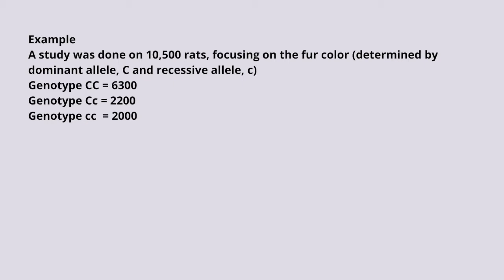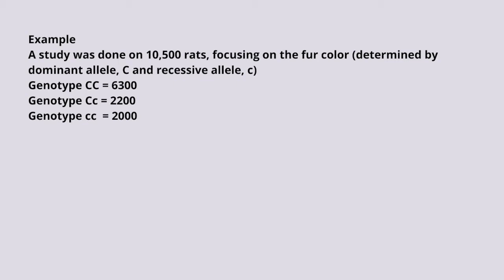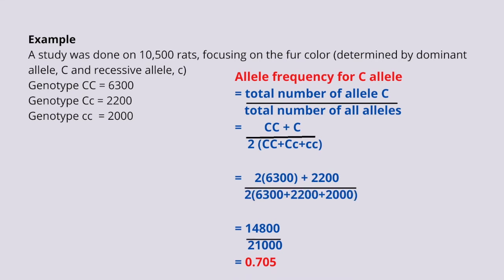The number of individuals with the heterozygous genotype Cc is 2,200. And the number of individuals with the homozygous recessive genotype cc is 2,000. We can use the gene pool concept to calculate the allele and genotype frequencies of the population.